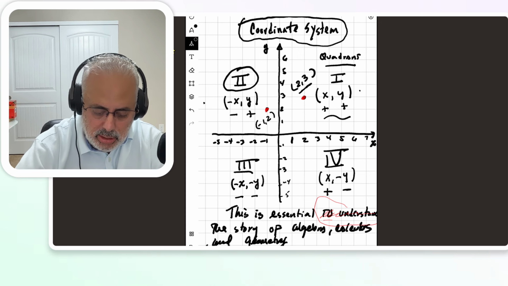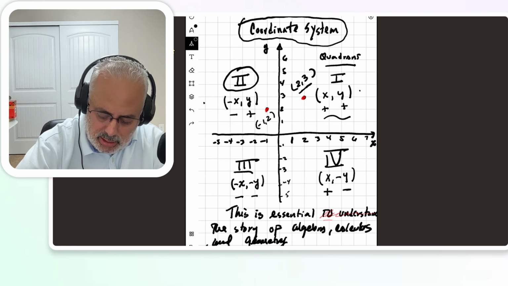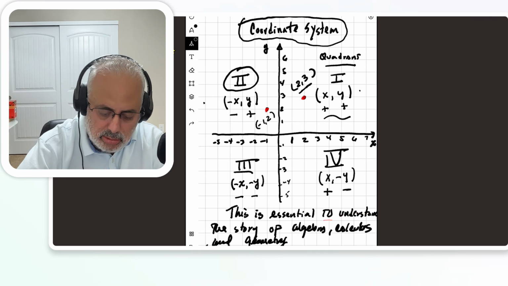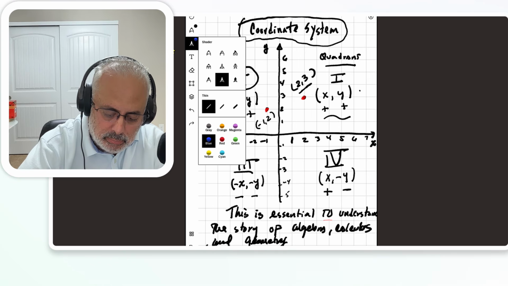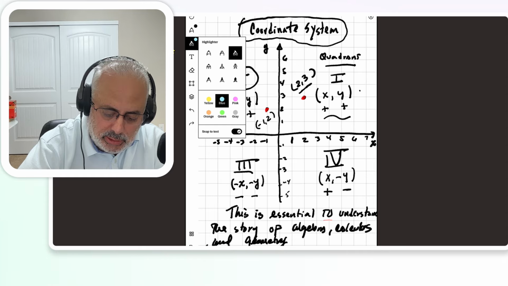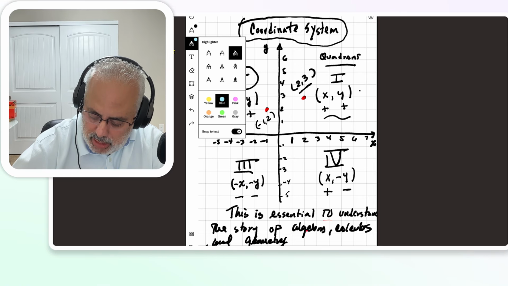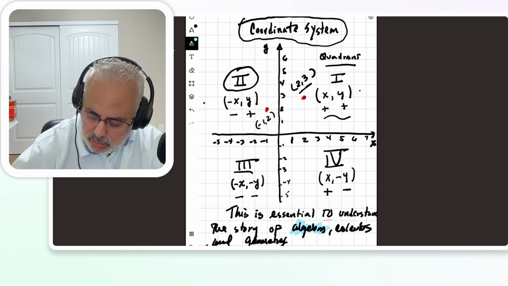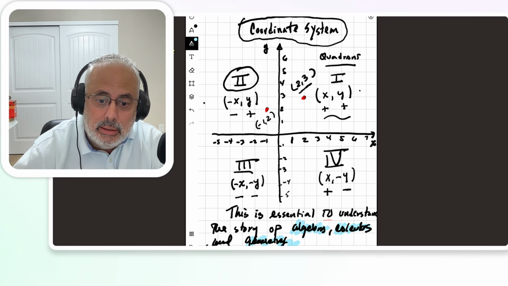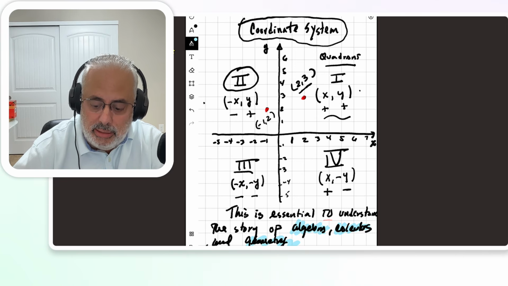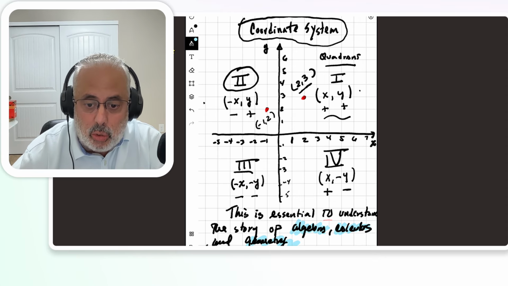So this is amazing. If the students can master this, they can understand algebra, they can understand calculus, they can understand geometry.